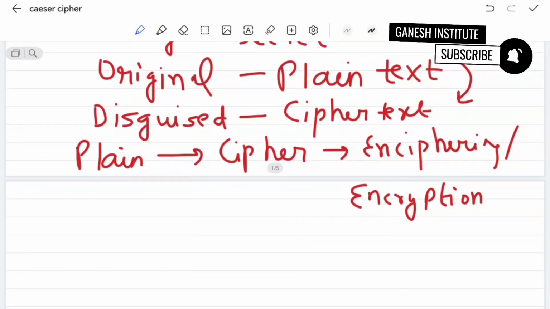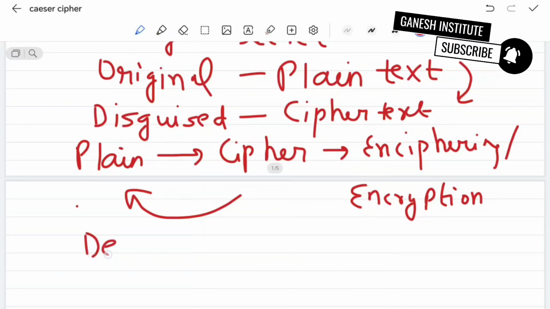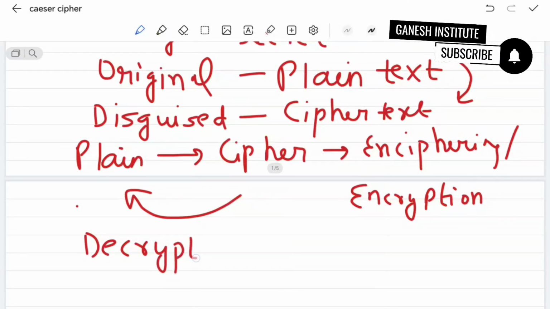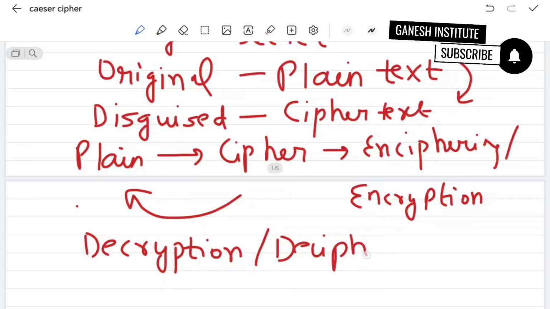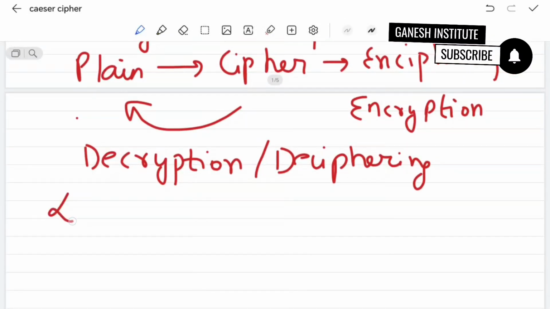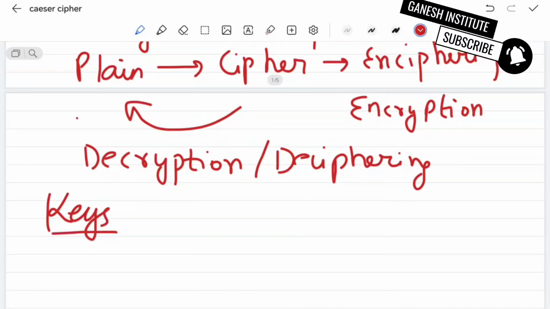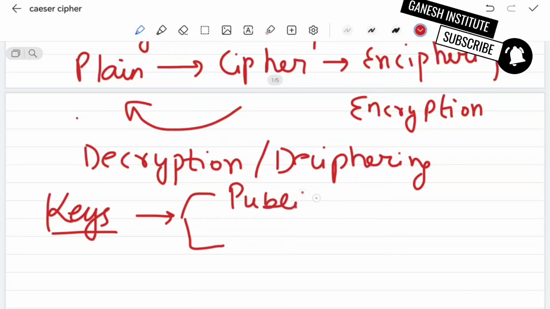That means these are coded and only you can get it. And when you convert the cipher back to plain text, that is called decryption or deciphering. We can use various codes, and those keys can be public or private.